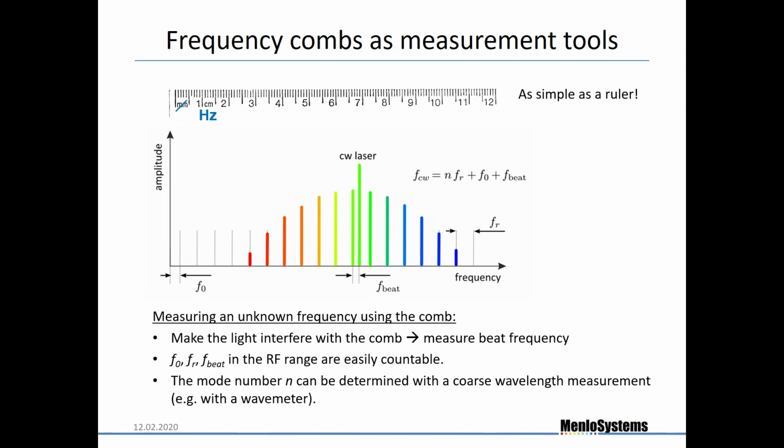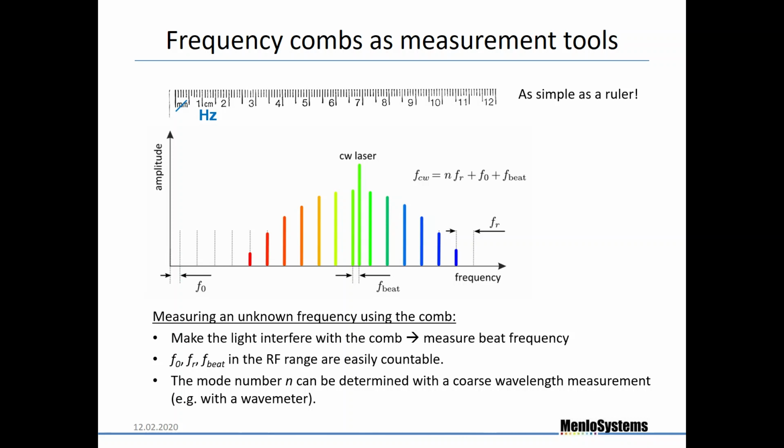So if you stabilize your frequency comb to the cesium atomic clock, then you are using the very definition of the second. In the old SI system, the second was the most precisely defined unit of all. So I think 1.5 years ago, the SI system was redefined, but before that, the second was the most precisely defined unit.